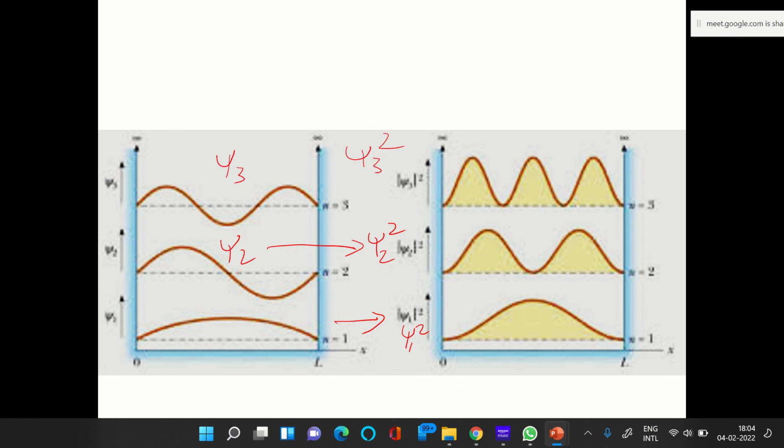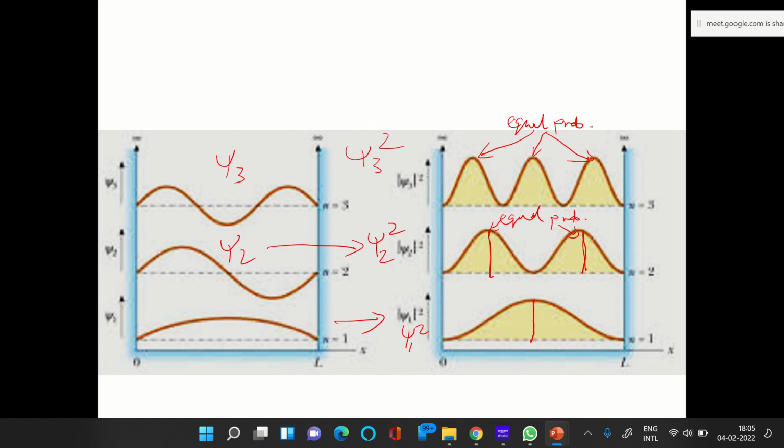So clearly, what I was telling, that probability, only here one point, high probability point is this one. Now you have 2 points of equal probability, here and here. Okay, now look at n is equal to 3. So you have 3 points of equal probabilities here, here, here.